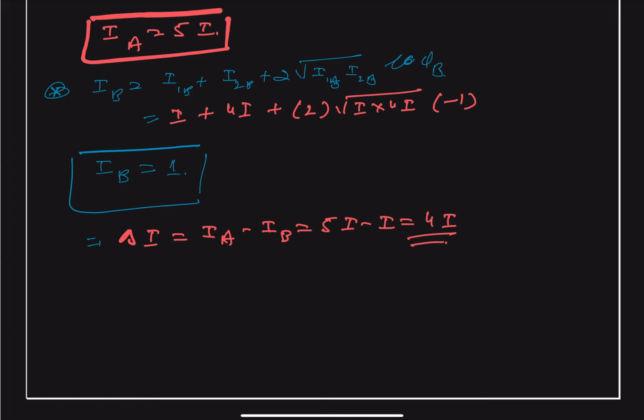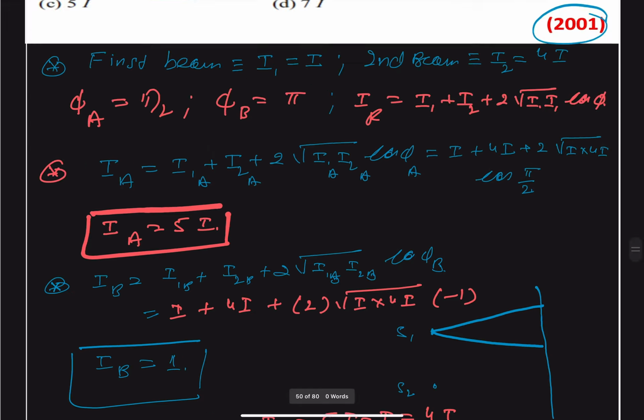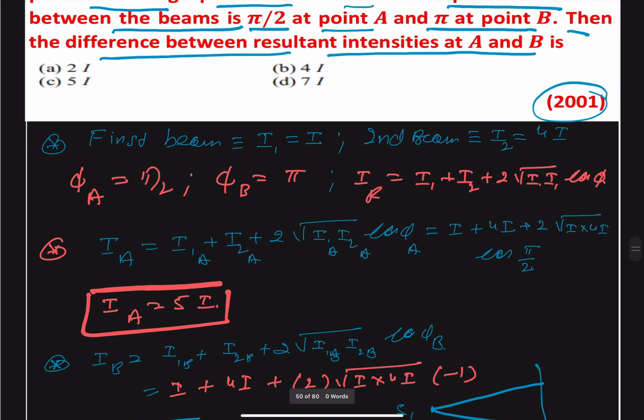And we can just draw an approximate figure for that. We have two sources, let us suppose this is S1 and this is S2, and this is our screen. One will have a phase difference of pi and the other one a phase difference of pi by 2.